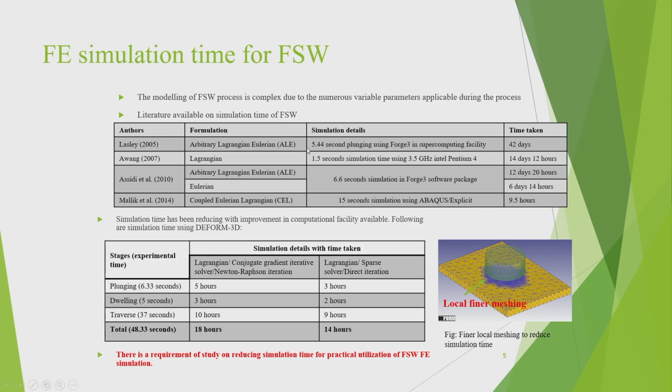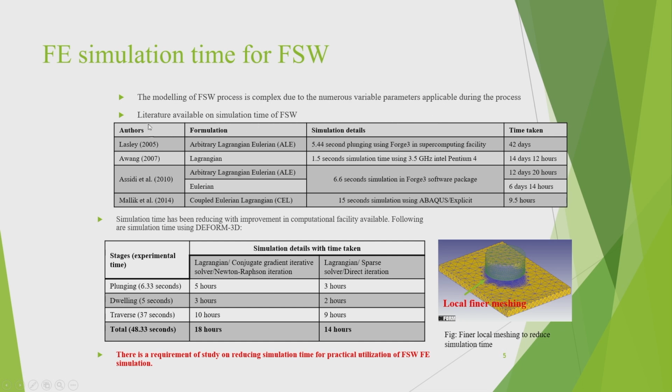Just to give an idea of how much time it takes to generate a solution for one particular set of parameters, we want to get the result, that is, what is the force, what is the torque. It is written that the modeling of the FSW process is complex due to numerous variable parameters applicable during the process.